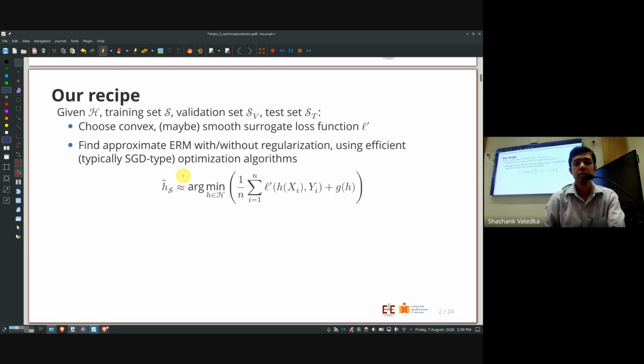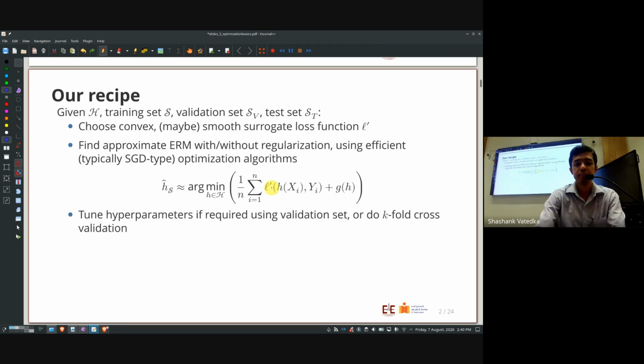So you find an h-hat, which is obtained by minimizing this particular regularized empirical risk, where this empirical risk is with respect to the surrogate loss function. And if you have some hyperparameters to tune, maybe you want to change the number of hidden neurons in your 2-layer neural network, then you tune the hyperparameters using the validation set. Or if you don't want a separate validation set, then you do some k-fold cross validation.